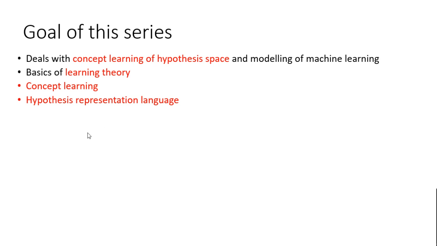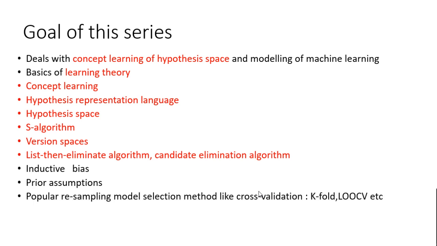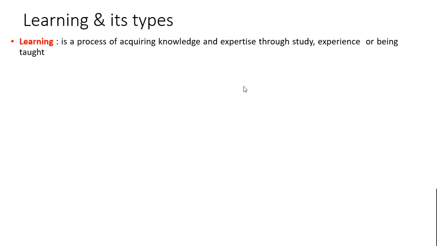We'll learn about hypothesis representation language, hypothesis space, Find-S algorithm, version spaces, and some more algorithms like list-then-eliminate, candidate elimination, inductive bias, prior assumptions, and we also learn about resampling, model selection, learning frameworks, and we will finally see how we can evaluate the hypothesis. So let's learn now what is learning and its types.